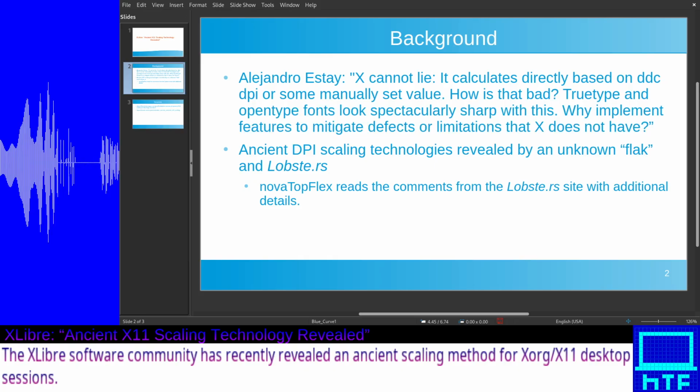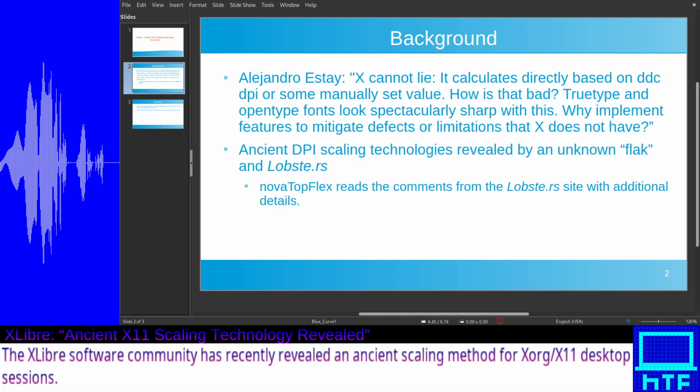So we have xrandr, pipe, grep, connected. eDP is probably a laptop with a 2880 by 1800 resolution. You will not see the sources I'm reading, though. So yes, eDP is internal, DisplayPort 0, DisplayPort 1, 2560 by 1440, and 3840 by 2160.